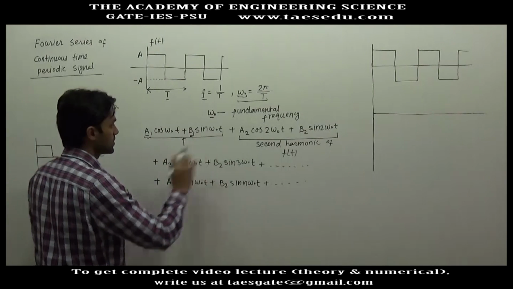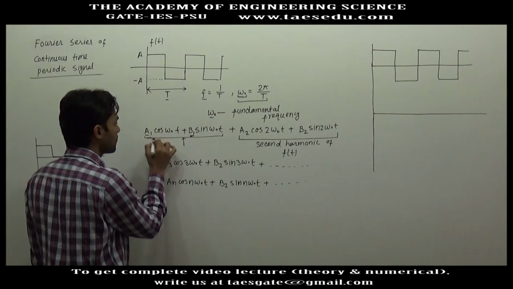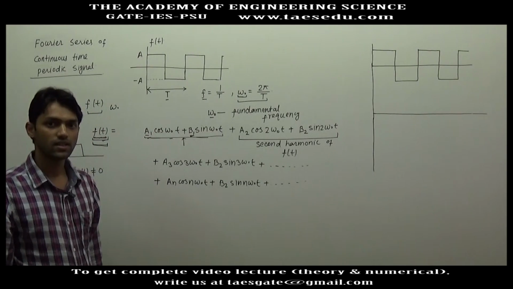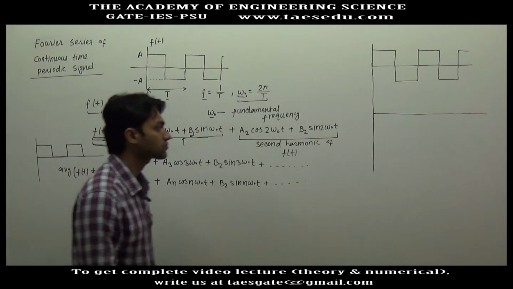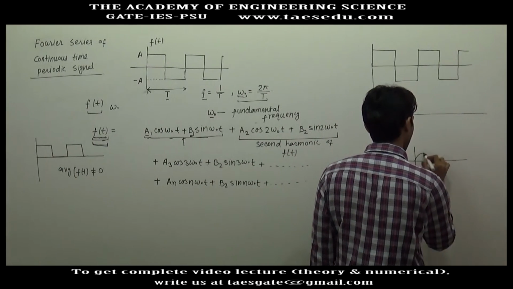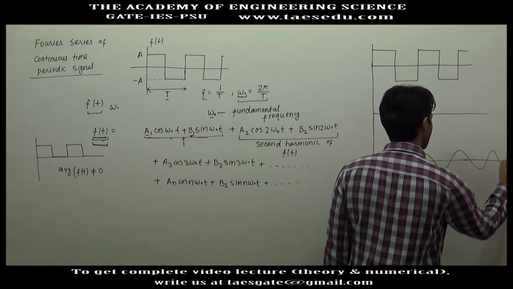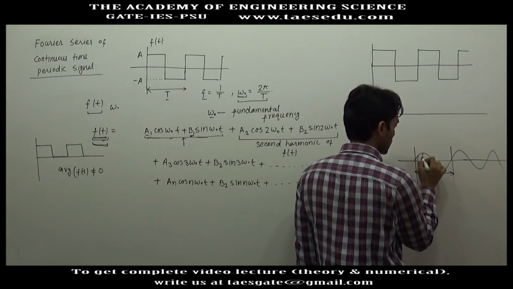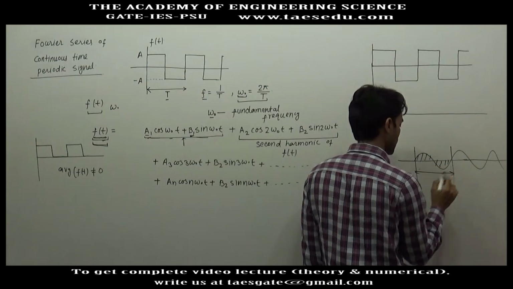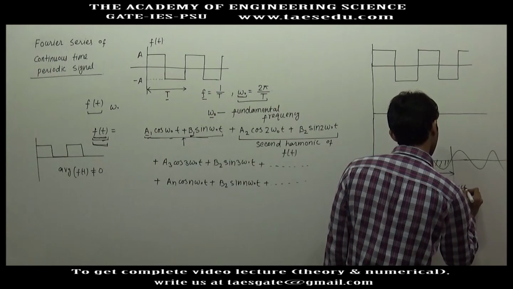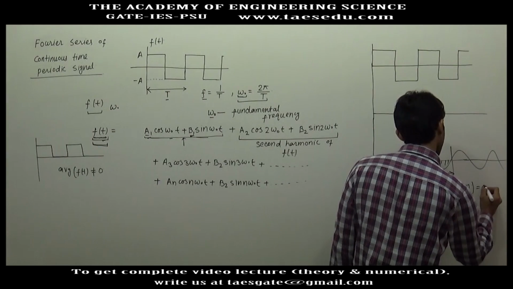The average of all this will be the individual averages of all the sine and cos terms. And what is the average value of a sine or cos term? If you have a sinusoidal signal and calculate the average over one time period, you get the same positive and negative area, so the average of sine or cos is always equal to 0.